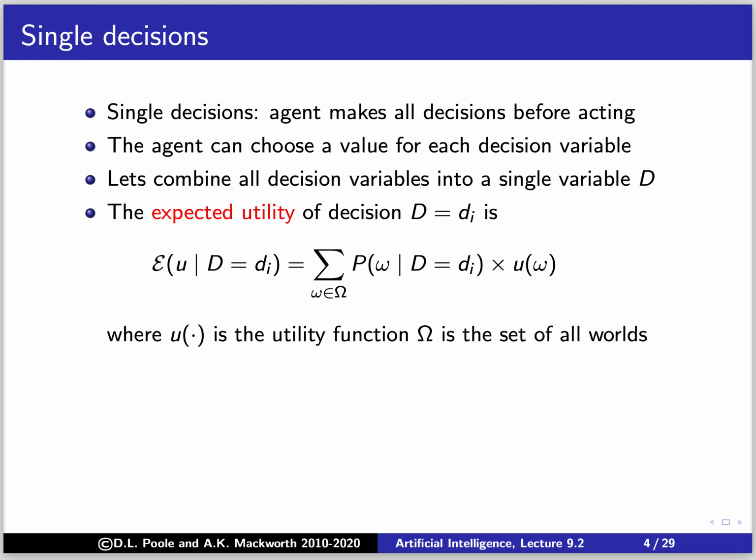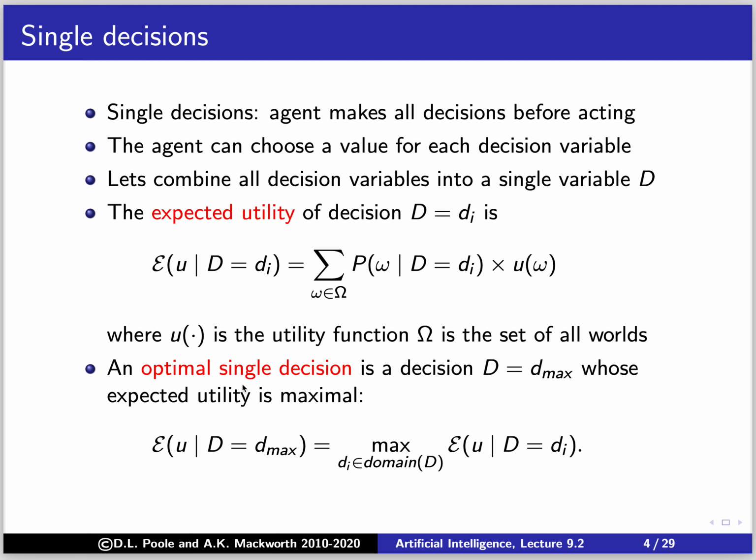That's the expected value, given a decision. An optimal decision is a decision whose expected value is maximum. So it's a D max such that the expected value of U, given D max, is the maximum over all the decisions it could make. That's all that says.